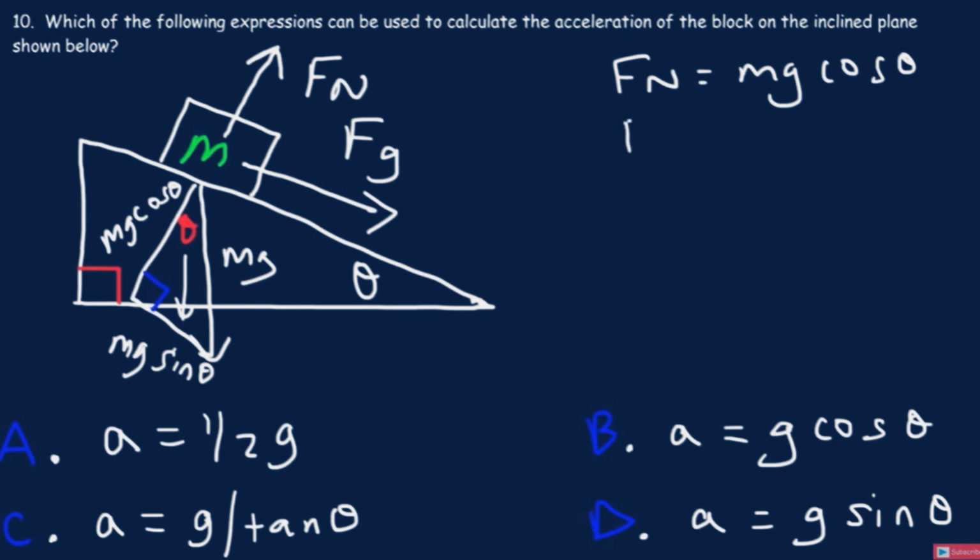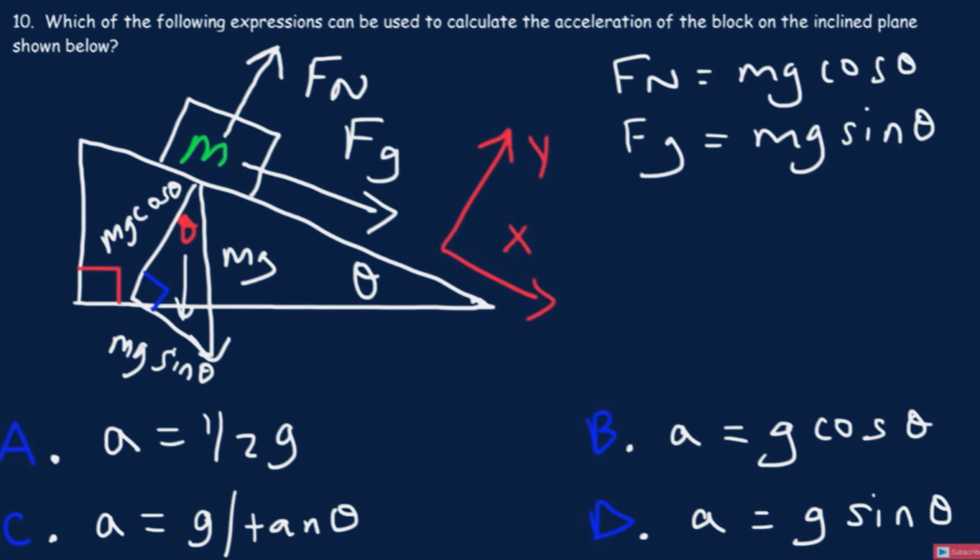Now let's define this as the y direction and this as the x direction. So the net force in the x direction is only equal to this force, there are no other forces in the x direction.